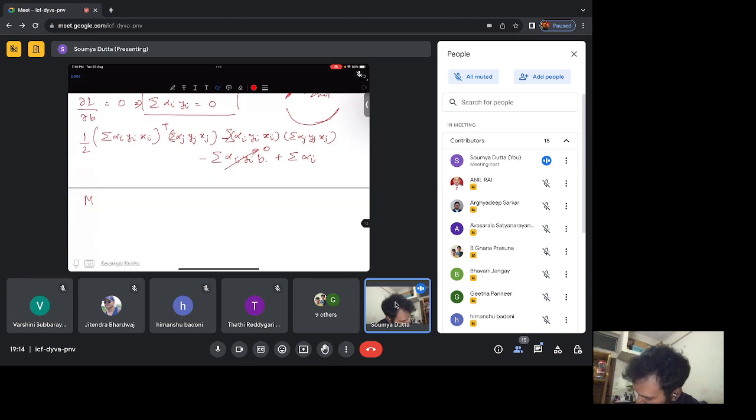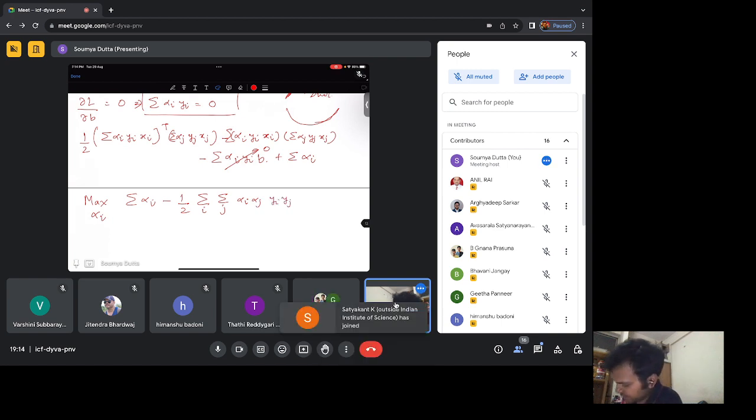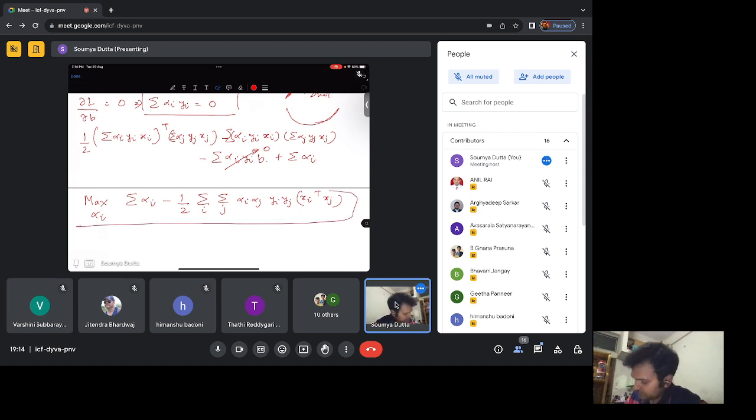You need to solve for max over alpha of summation of alpha i minus half of summation i summation j, alpha i alpha j yi yj xi transpose xj. I hope this is correct, right? So this becomes your dual problem, and now you solve this.